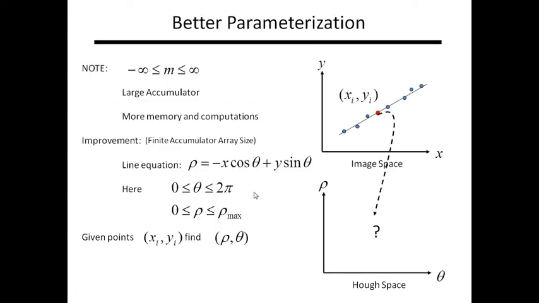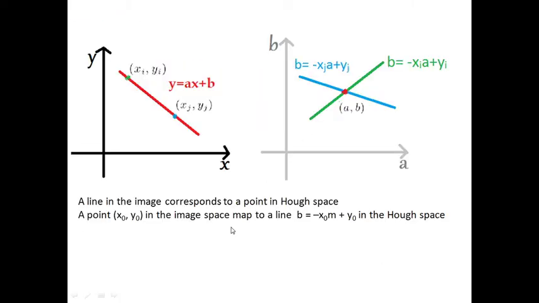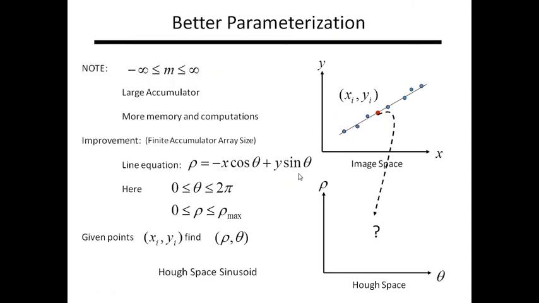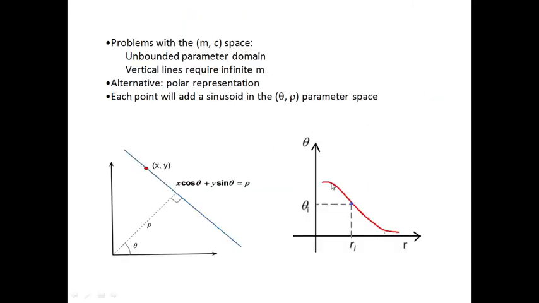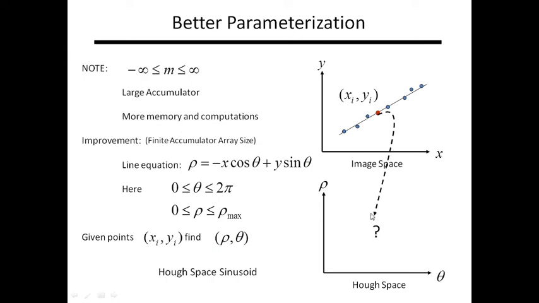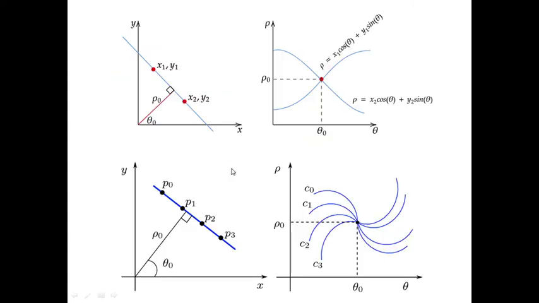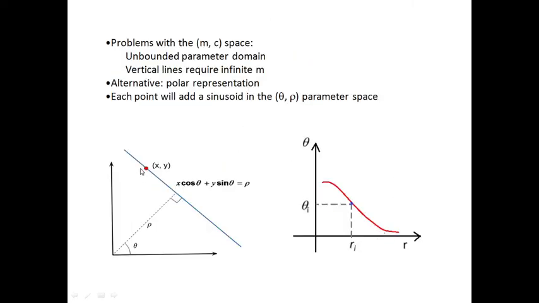In the earlier case a point is mapped to a line, or a line is mapped to a point. Here, a point is mapped to a sinusoidal curve. This is mainly to overcome the drawback caused by the infinite m, and also by the larger accumulator, which involves more memory and high computation. So to overcome that, we use this polar representation of a line.